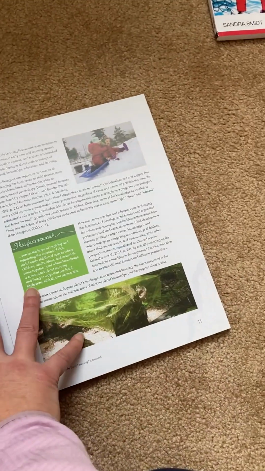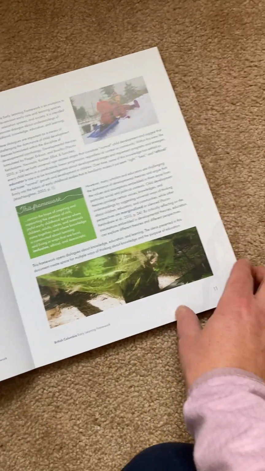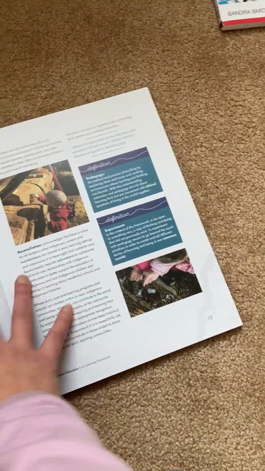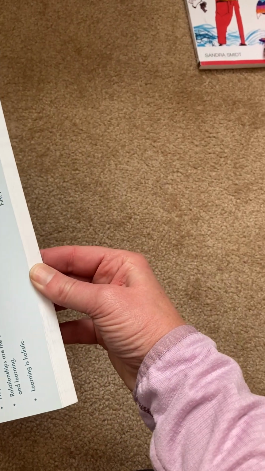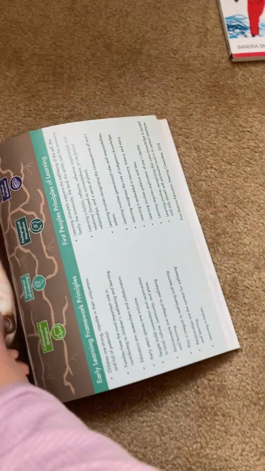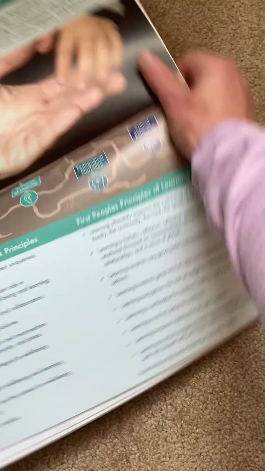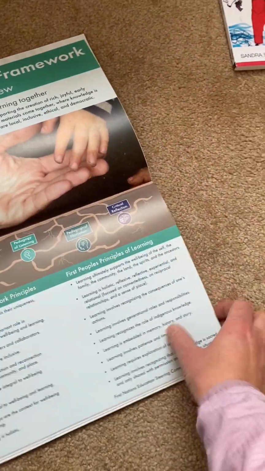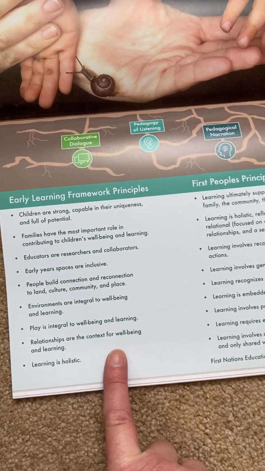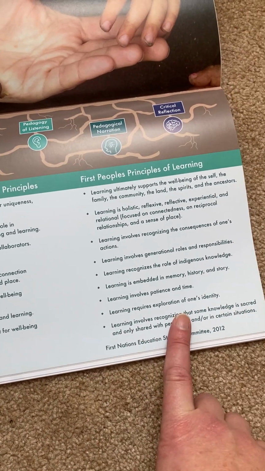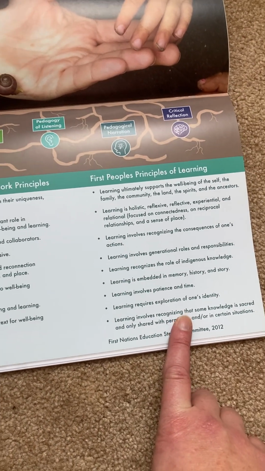And so I'm just looking here, I think it's right in the middle. Where is it? Yeah, so right here. Here are the principles of the Early Learning Framework, partnered with the First Peoples Principles of Learning.